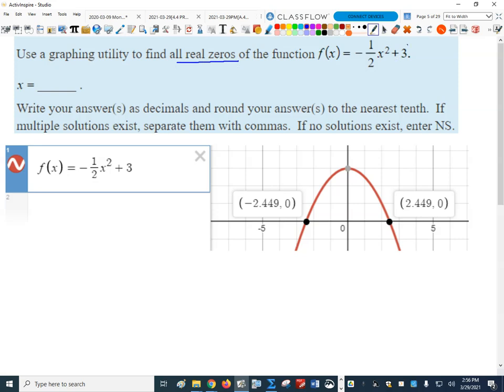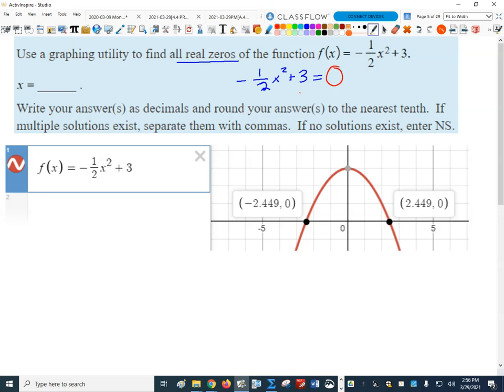So I'd take this entire function just set it equal to 0, right? Well, how could I do that graphically? I just am going to graph this parabola, f of x equals negative 1/2 x squared plus 3, and just find the x-intercepts on the graph.